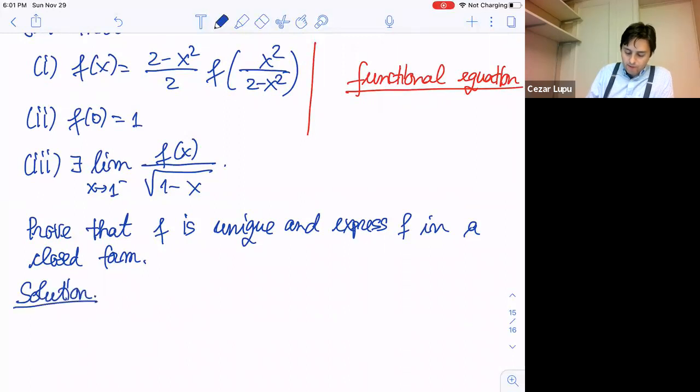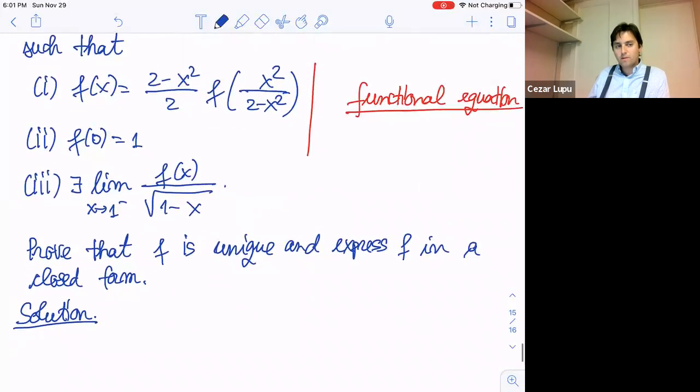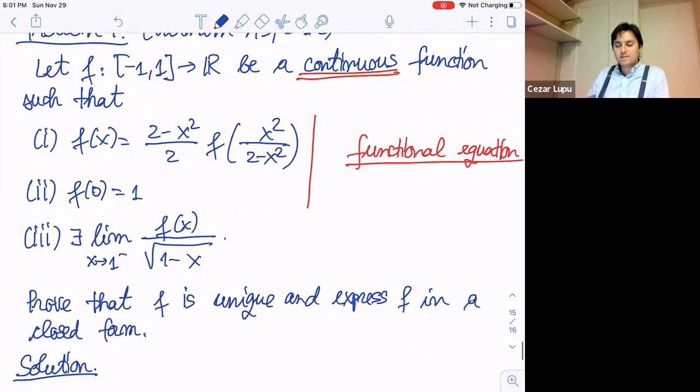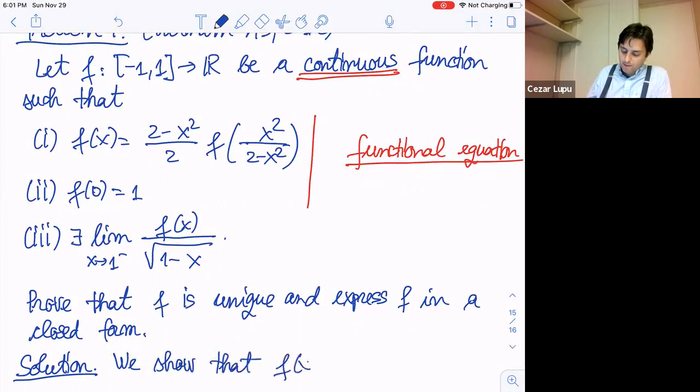So let's look at the first two conditions. Look at them here. And now, in fact, you can guess the function that verifies this, and we will say that we show that f of x is the square root of 1 minus x squared, for all x in -1, 1.